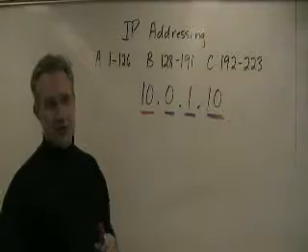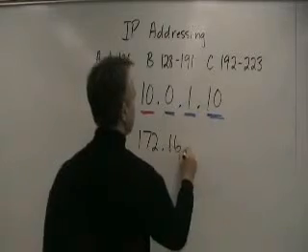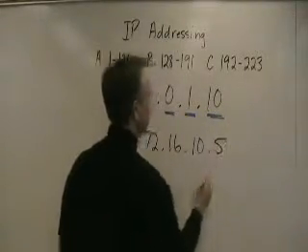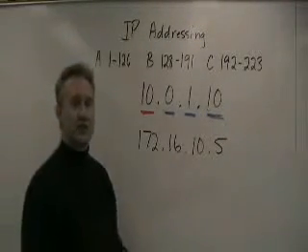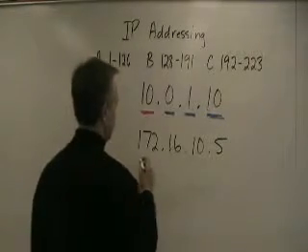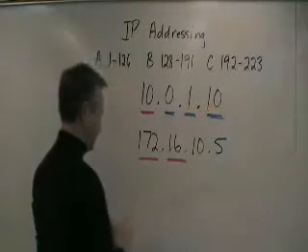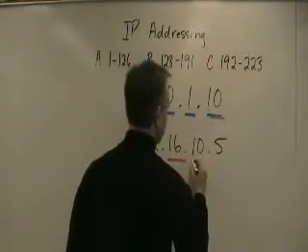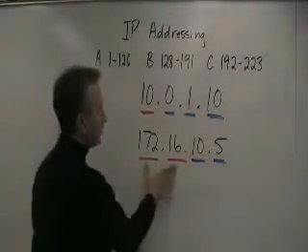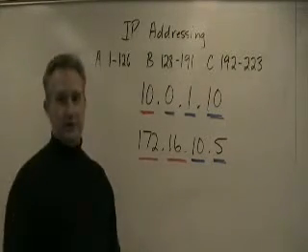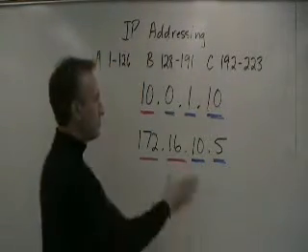If I look at a Class B address, like the last example, we said that the first 2 numbers identify the network and the last 2 numbers identify a host. So here we have 172.16 identifying a particular network, and 10.5 identifying a host within this network.